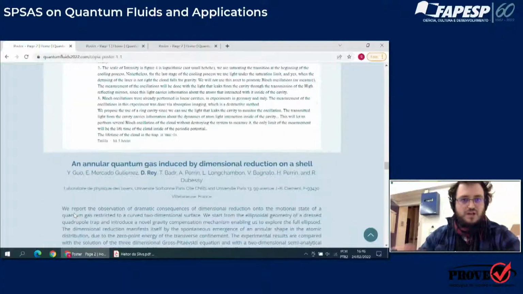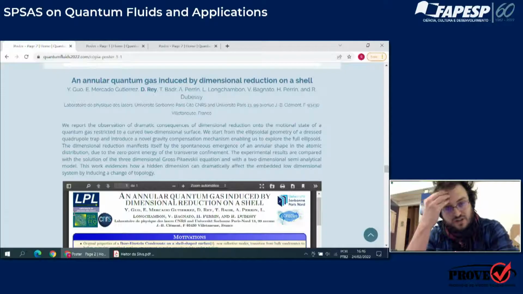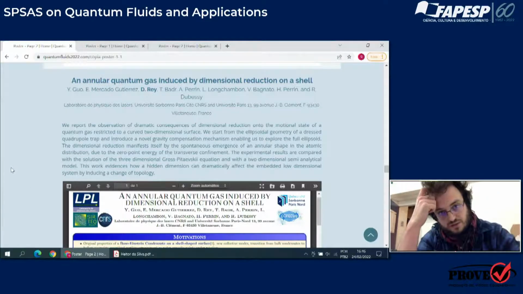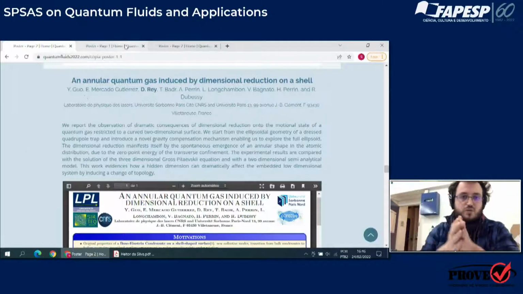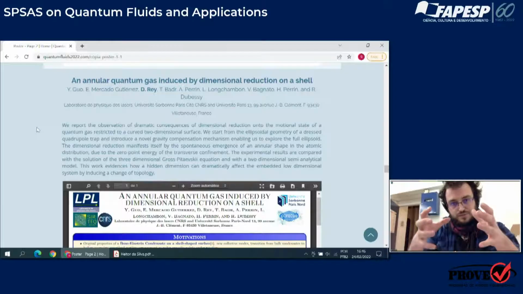So, in our group, in the BEC group at the LPL, we are working with an exotic shaped trap, and basically we are confining our BEC atoms on the surface of a shell.